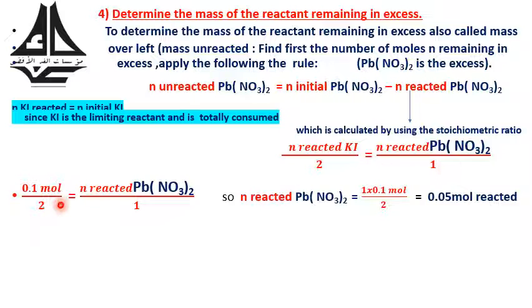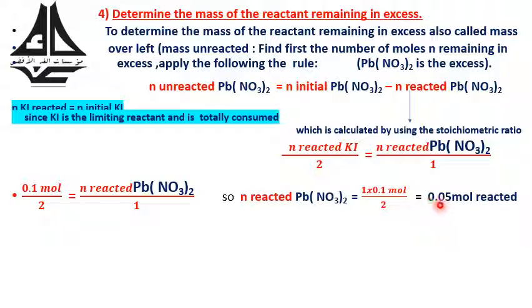So now we treat the ratio. We have 0.1 mole over 2. 0.1 mole is the initial amount of the limiting reactant KI, which is totally consumed, equal to n reacted of Pb(NO3)2 over 1. So n reacted of Pb(NO3)2, which is of course the reactant in excess, equals 1 times 0.1 mole over 2.